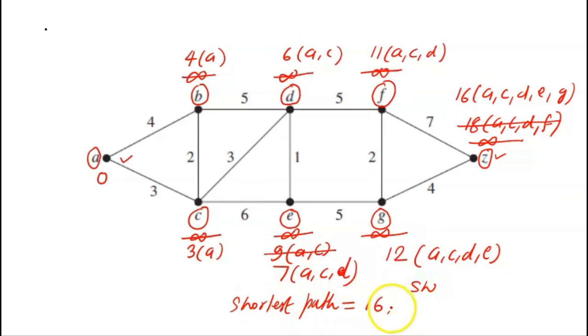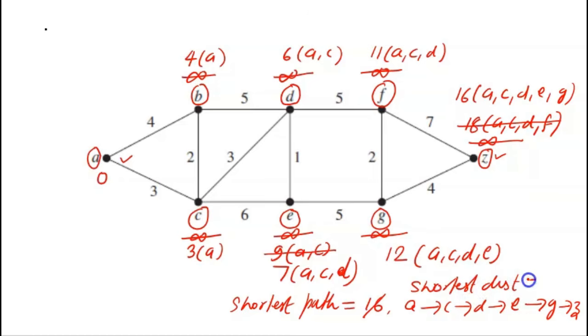I mean, let me change it. The shortest path is A to C, C to D, D to E, E to G, and G to Z. Okay, and the shortest distance is equal to 16.